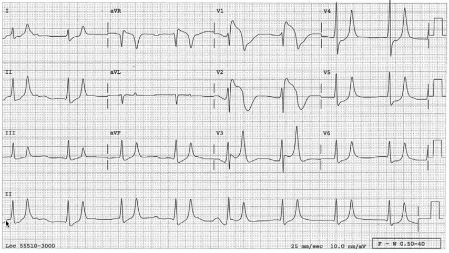And when you look at the rhythm strip, you can appreciate you have wide QRS complex and the disappearance of P waves except this P wave here. So what's going on here? If you look closely at V3 and V4, you can appreciate you have narrow, tall, and pointed T wave.